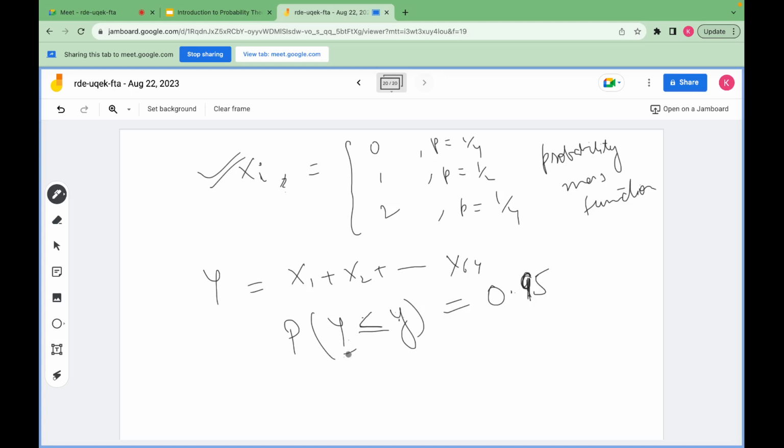So we want that this probability should be greater than 0.95, not 95, because we want this probability that there will be no shortage to be greater than 0.95. Okay, so the probability that capital Y is less than or equal to small y should be very high.